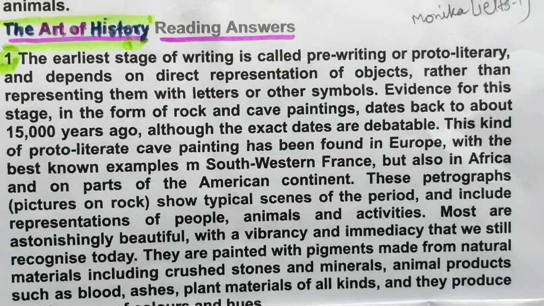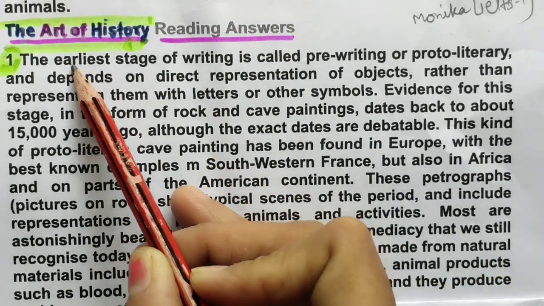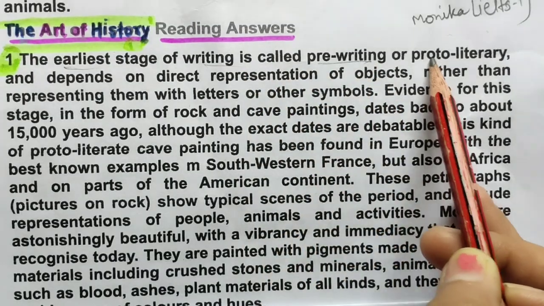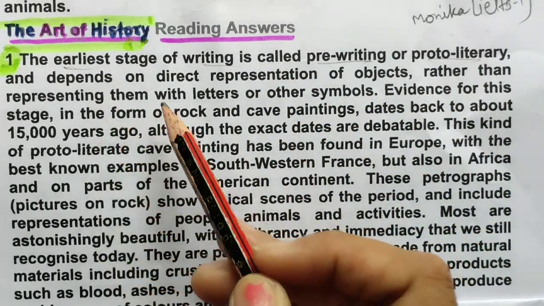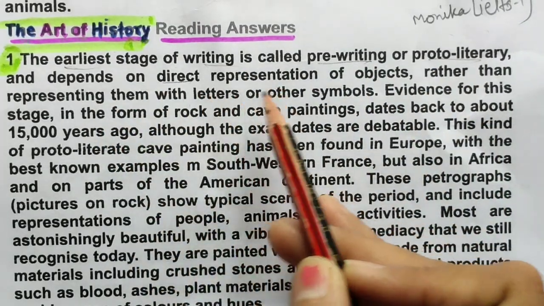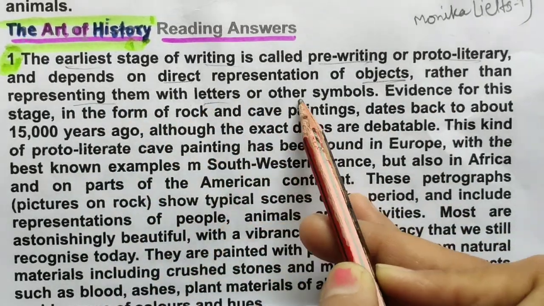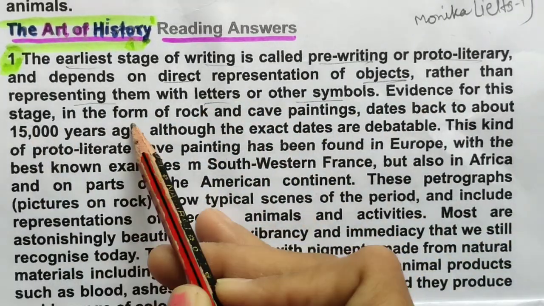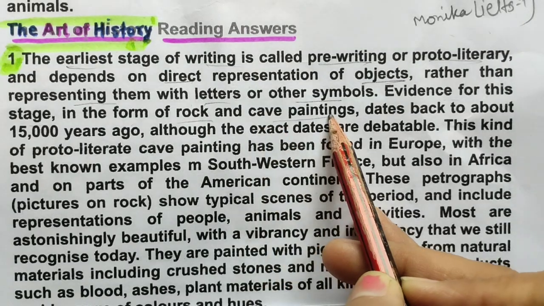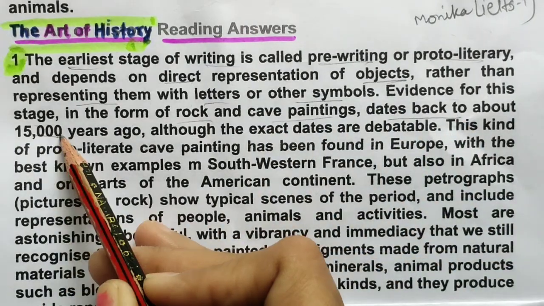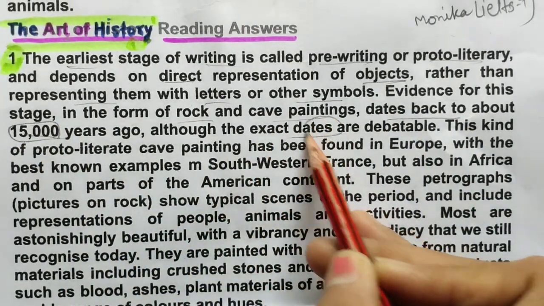So let's analyze paragraph A. The earliest stage of writing is called pre-writing or proto-literacy, rather than representing with letters and other symbols. I am not going to understand each and every word, so I am just reading it like that. Evidence for this stage in the form of rock and cave paintings dates back to about 15,000 years ago, although the exact dates are debatable.